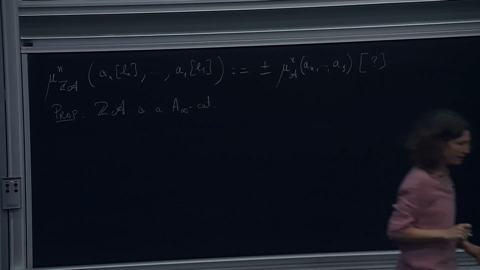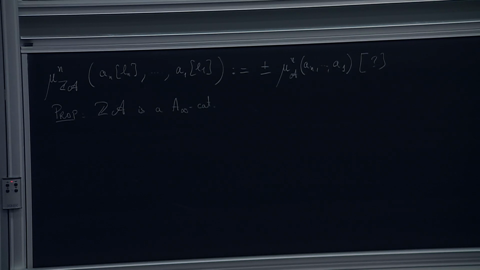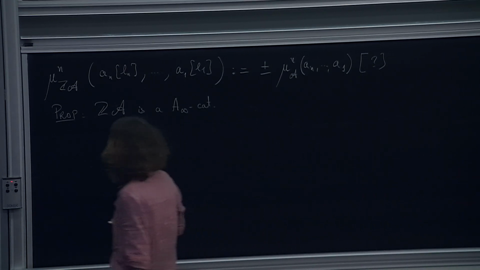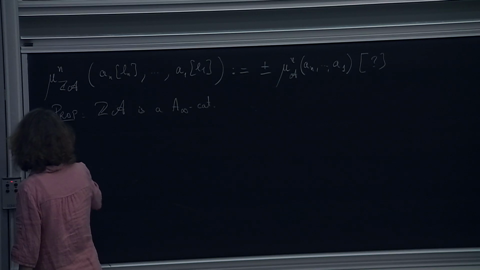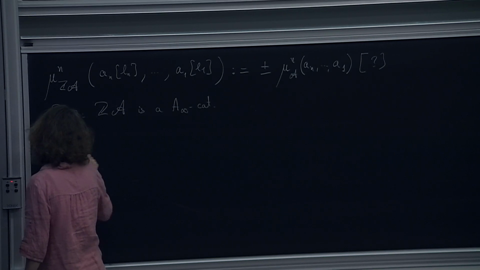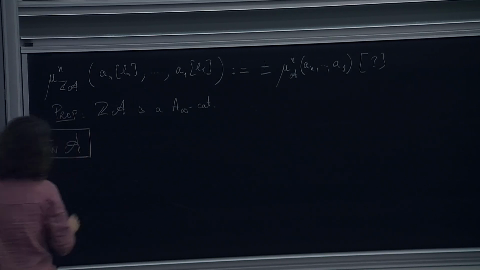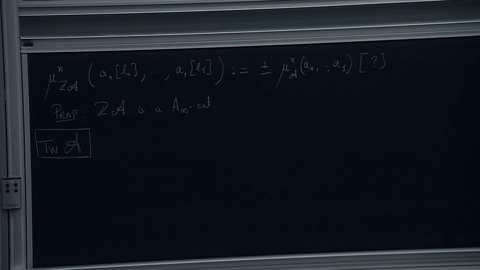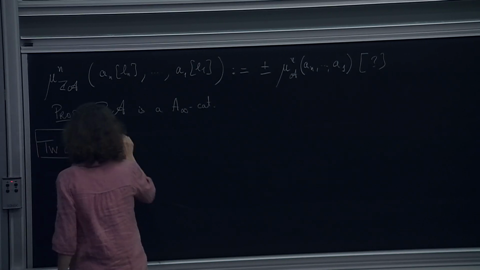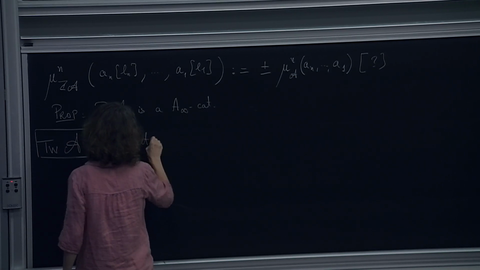But this is not enough, because here we have added only the shifts, and we also want the cones, so we want all the complexes. So now from ZA, we construct this category of twisted complexes, Tw A. The definition is quite technical.